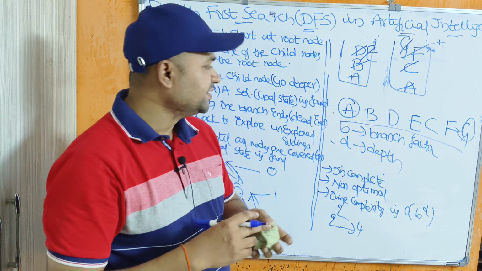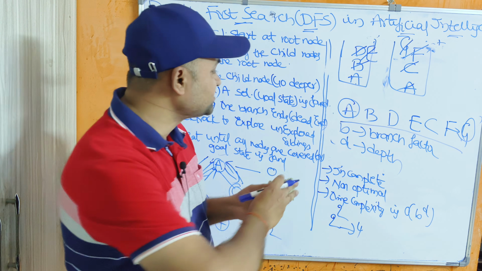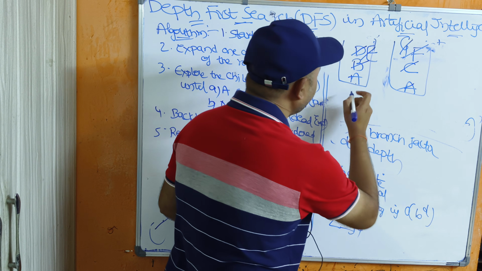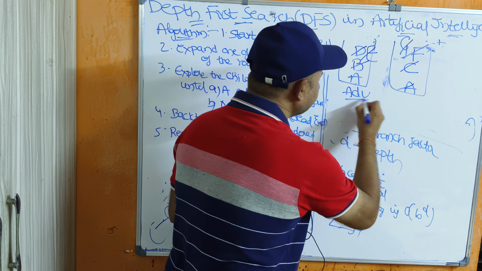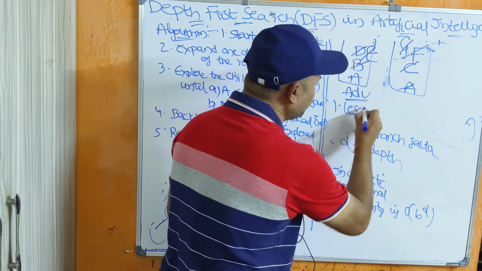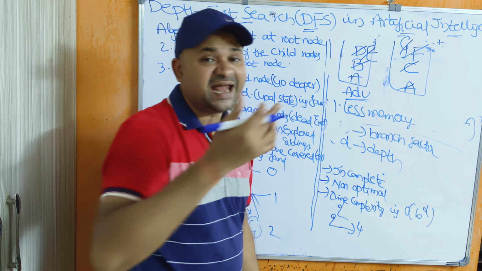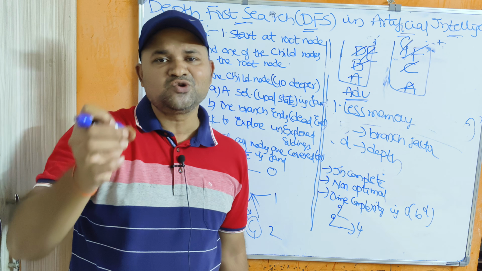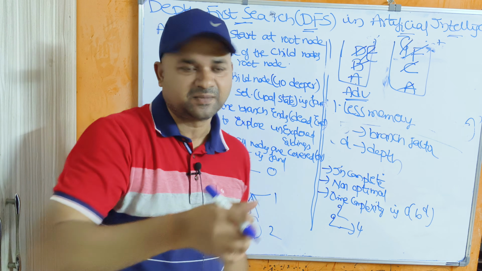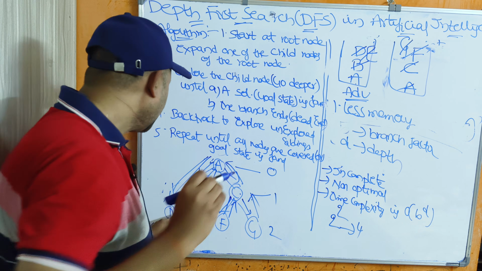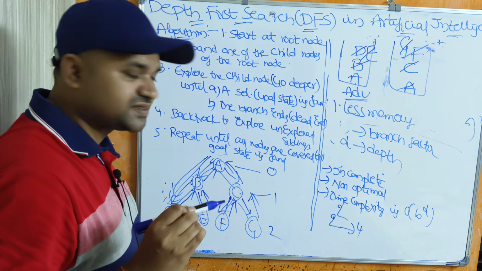Now let us see the advantages and disadvantages of DFS. We have 2 advantages. The first advantage is less memory. DFS requires less memory than BFS if the solution is found in one path. Let us assume that initially we are searching in this path only and we have the goal node in this path.